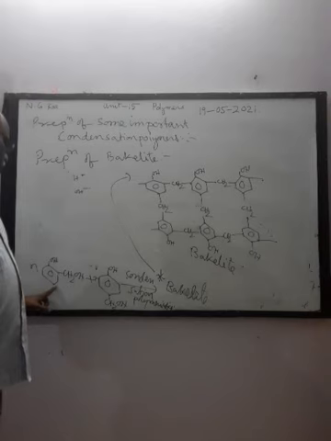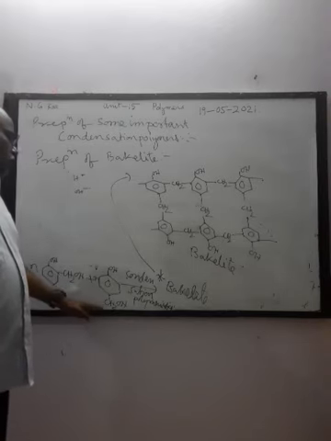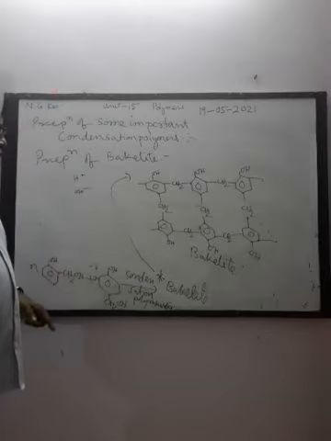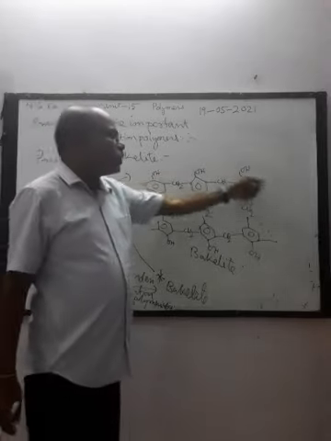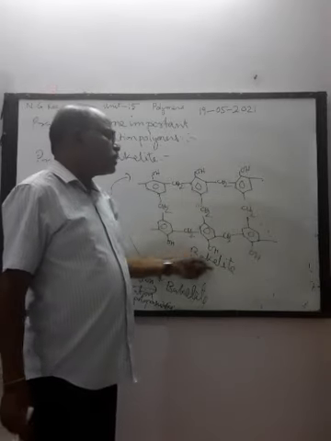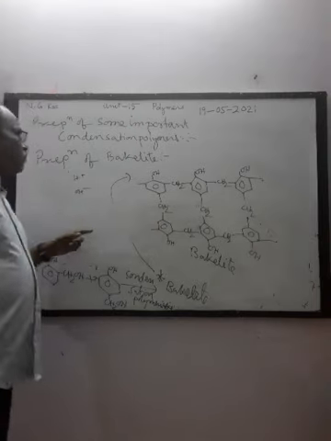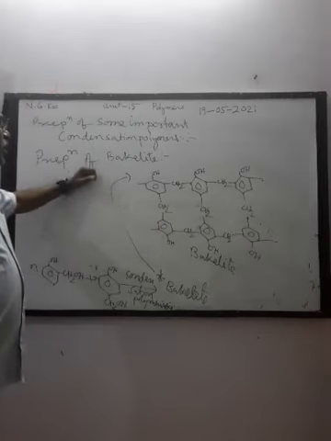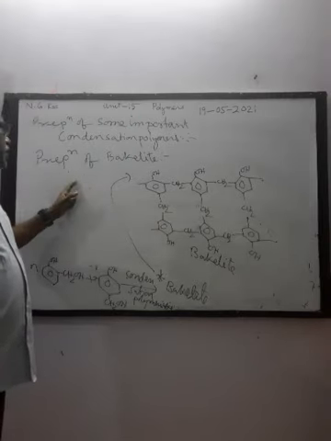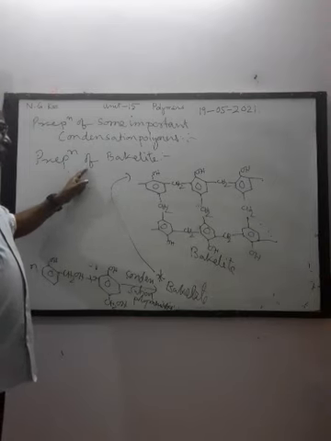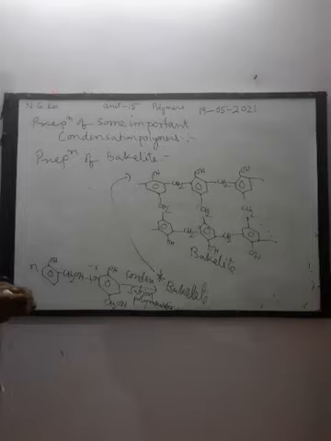But when orthohydroxybenzyl alcohol reacts with n molecules of parahydroxybenzyl alcohol by condensation polymerization, we get a cross-linked polymer, which is known as bakelite. So this is all about the preparation of three condensation polymers. One is nylon 66, second is terylene, and third is bakelite.